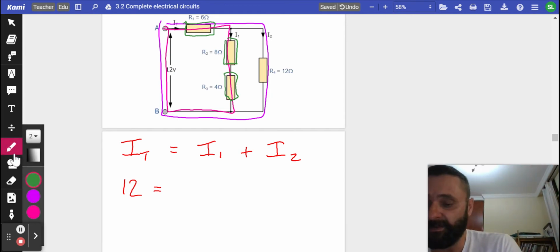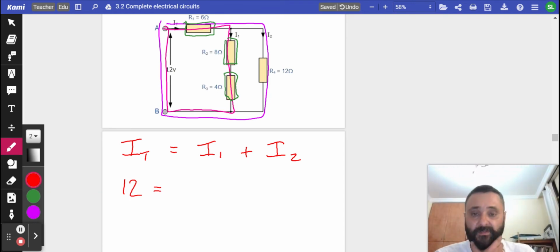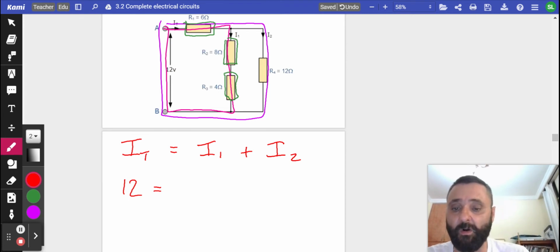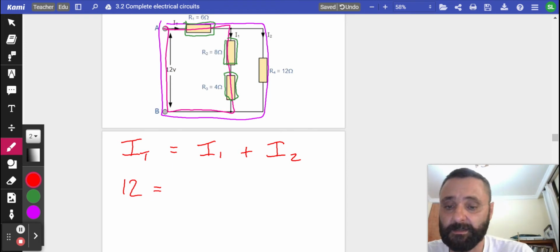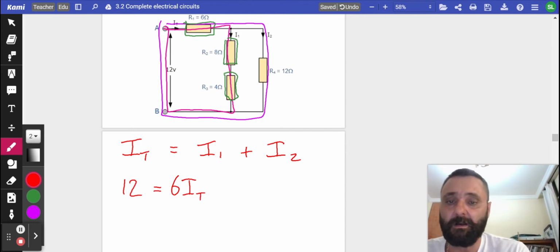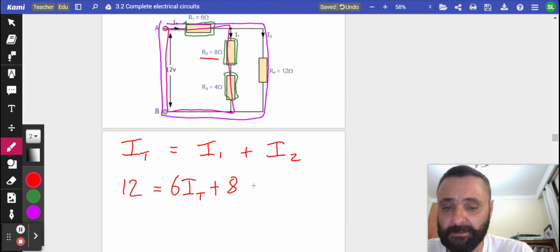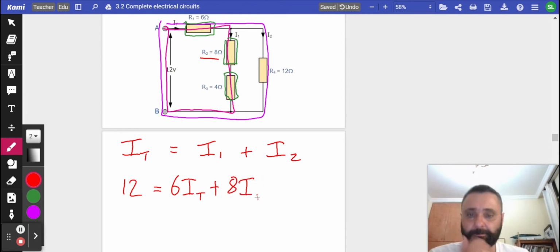So the first one. We're not going to use voltages, we're going to use IRs, aren't we? The first one across R1 is IR, which is 6, the resistance, times IT, the current. So that's for R1. For R2, we've got I1 passing through it, but it's 8 ohms, so we've got 8 I1.